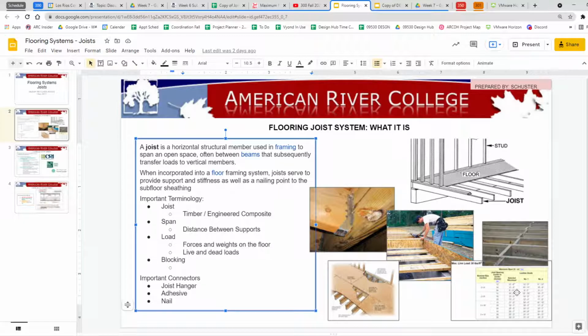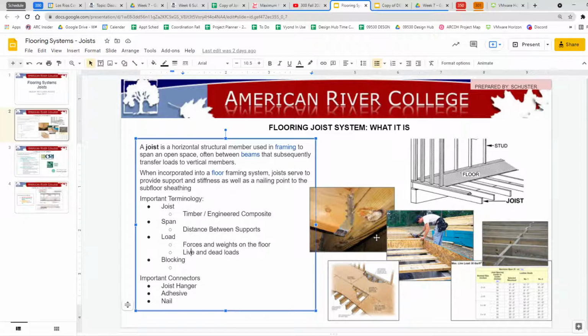But blocking is often used, and they'll just stagger them so you can just put a couple of nails in here, turn around, nails. Nails in here, turn around, nails. Okay, so that's what blocking is. So those are important things to know about a floor and how it's built. And those are all independent of what's going on.